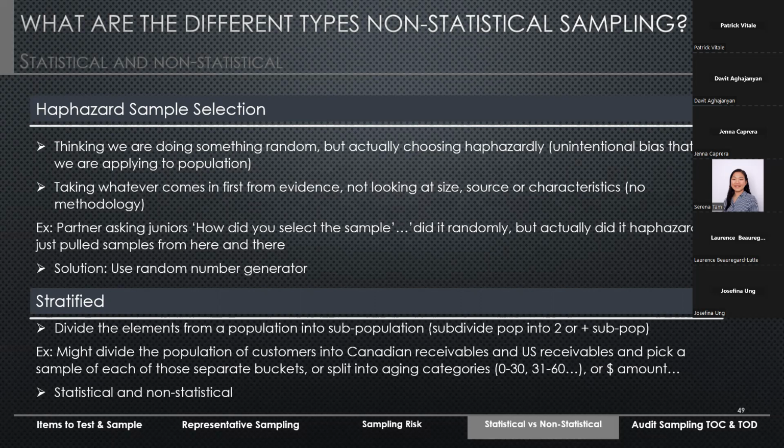Let's say you think you're doing random sampling, but you're taking the last 10 invoices, and it turns out that every year the biggest client reports last. So you want to make sure that you really have a methodology to say, I'm going to pick this one, and then that one, and that one.